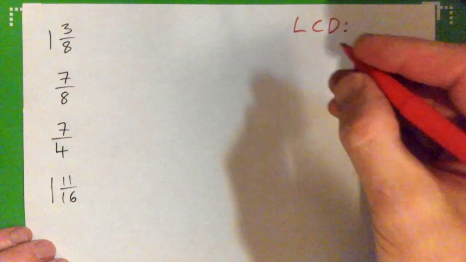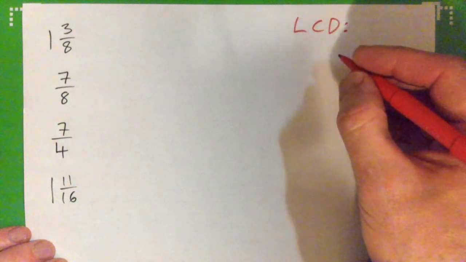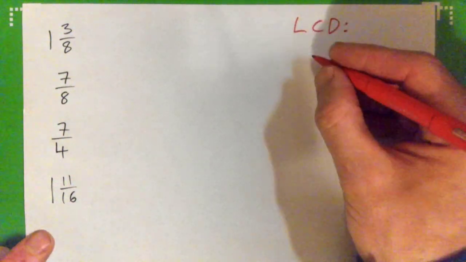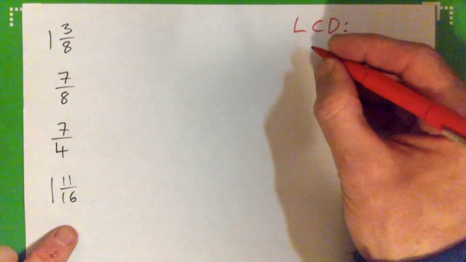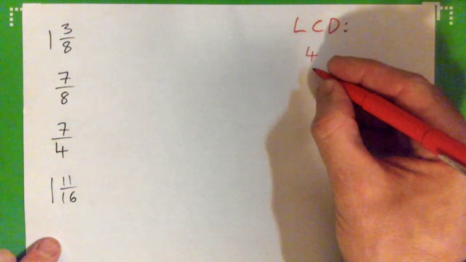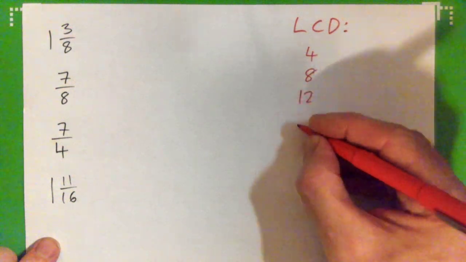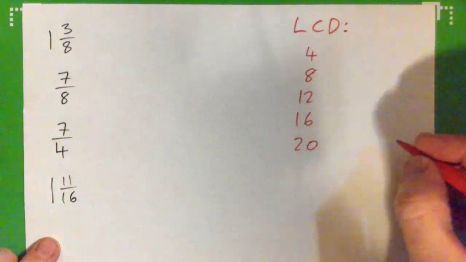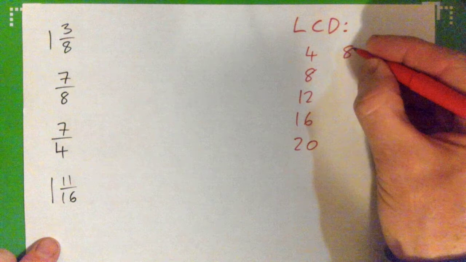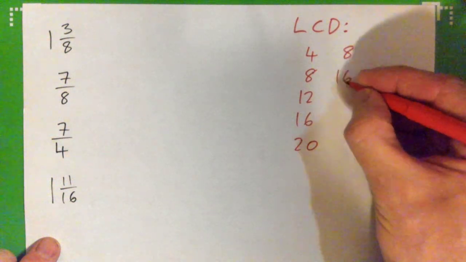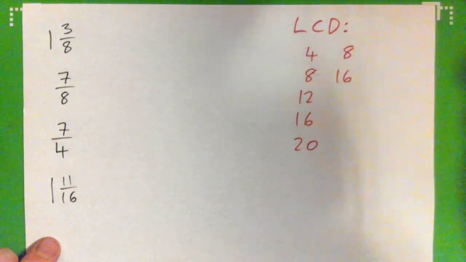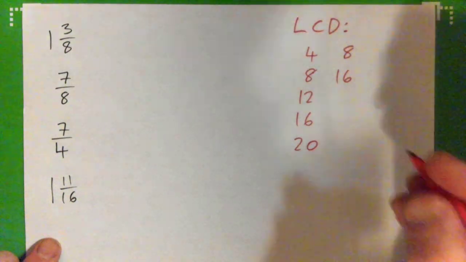Lowest common multiple, though. So list me multiples of 4. 4 and then what? 8 and then 12, 16, 20, right? List me multiples of 8. We got 8, 16, 24.